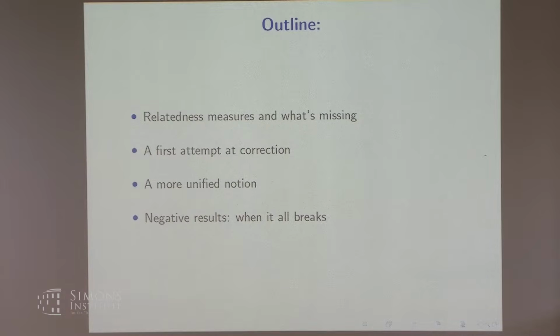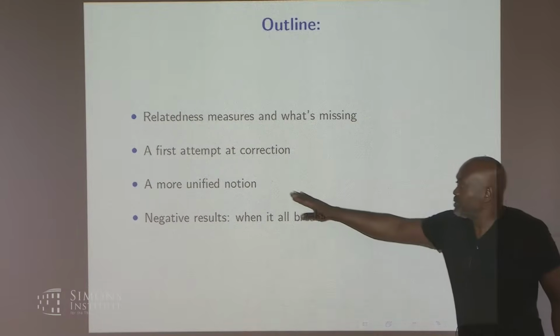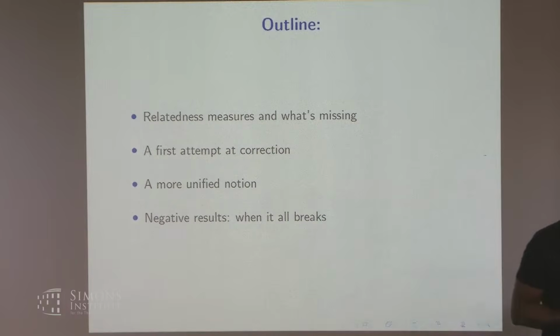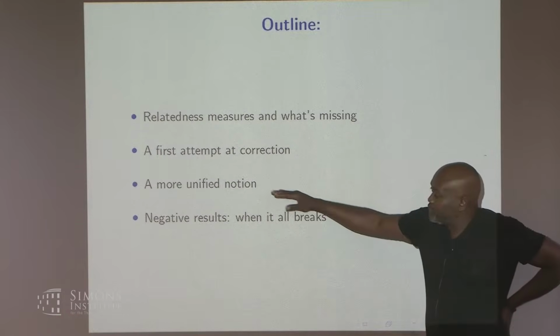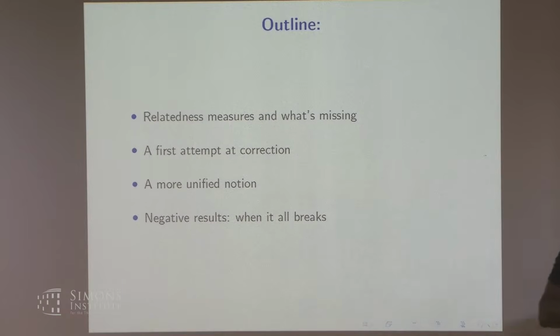Then, after that, I'll tell you why I don't like the measure that we proposed, because it doesn't give a unified understanding of the problem. And then I'll talk for about 10 minutes about a more unified notion that we just put on arXiv, that just appeared on arXiv yesterday, that tries to recover a lot of the past work on the subject.